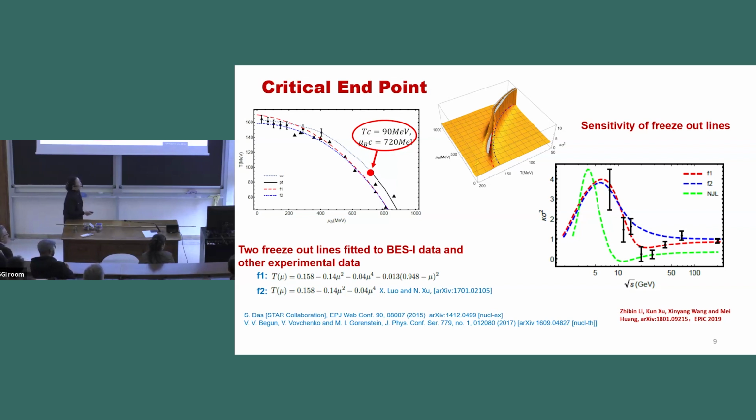Oh, it's here. Okay, moment, I will come there. So here I want to mention that for the liquid gas phase transition, first order, because the system is already in hadronic phase, you don't need to consider the phase transition from quark matter to hadronic matter. So this signature can remain in hadronic matter. I mean, for this liquid gas.